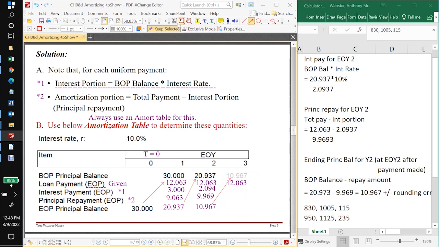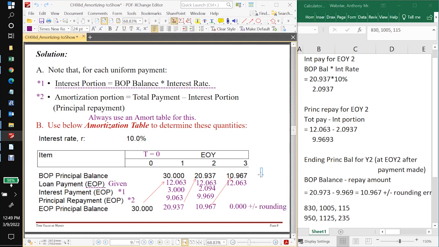Next thing we want to notice is that our uniform payments remain the same for every year, and then we just do exactly what we did for year 2 and year 1 to calculate the interest payment, the principal repayment, and the ending principal balance. One thing that's really important to note here is that at the end of these amortizing loans, the principal balance after the last payment better be 0, right?